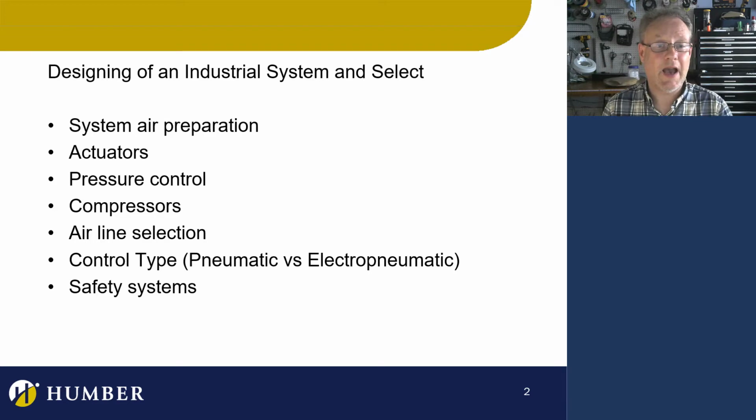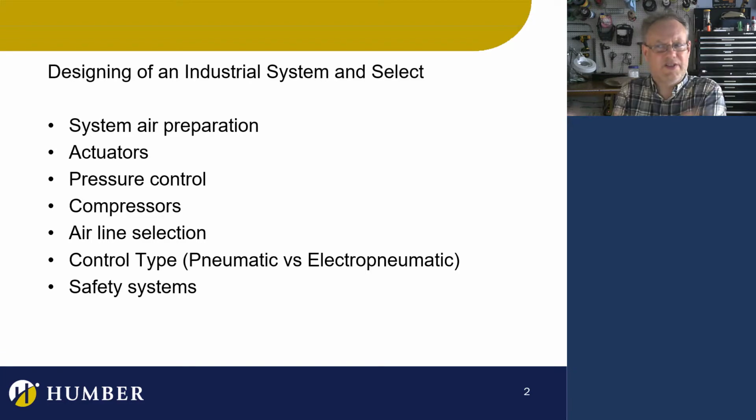So yeah, airline selection. I want you guys to be able to go into different places and look for pneumatic airlines, whether it's a fixed line or a flexible line or other kinds of flexible lines that maybe have sheaths on them. And then control type, pneumatics versus electro-pneumatics. I think there's a slide in here about which is better.